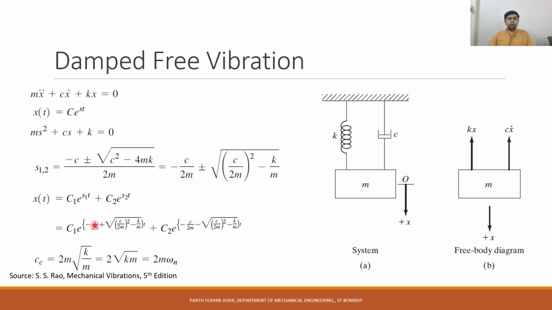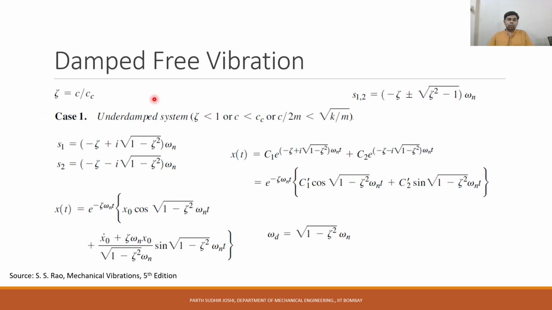So now the nature of these roots will depend on the values of the mass, stiffness, and damping ratio. So we can either have two real roots or two imaginary roots, and so on.